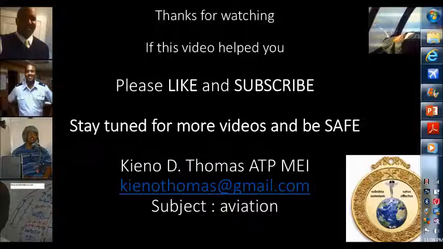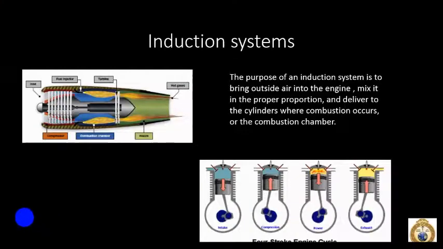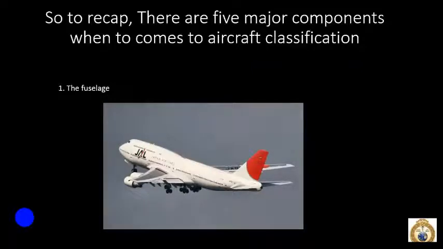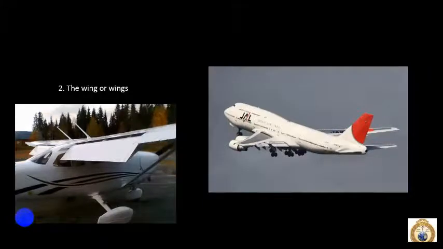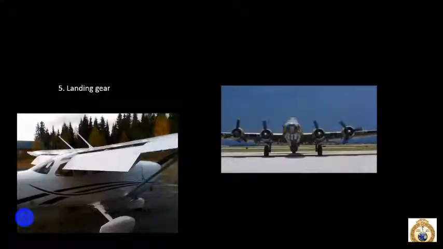In our last segment, we talked about the 5 major components of aircraft. They would be the fuselage, the wings, the empennage or tail section, the power plants, and they're not just engines, that's why we call them power plants, and the landing gear.